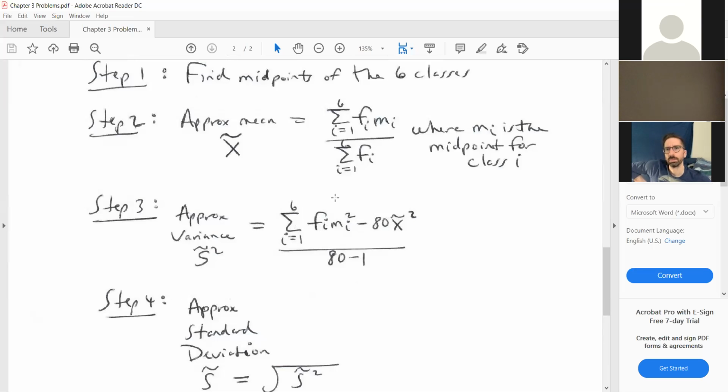You could do this for each line of the spreadsheet, but actually, you can just do it the way it's shown here. So take the sum of these, subtract 80, in this case, times the mean squared, and divide by 80 minus 1. So let's go back to the spreadsheet.